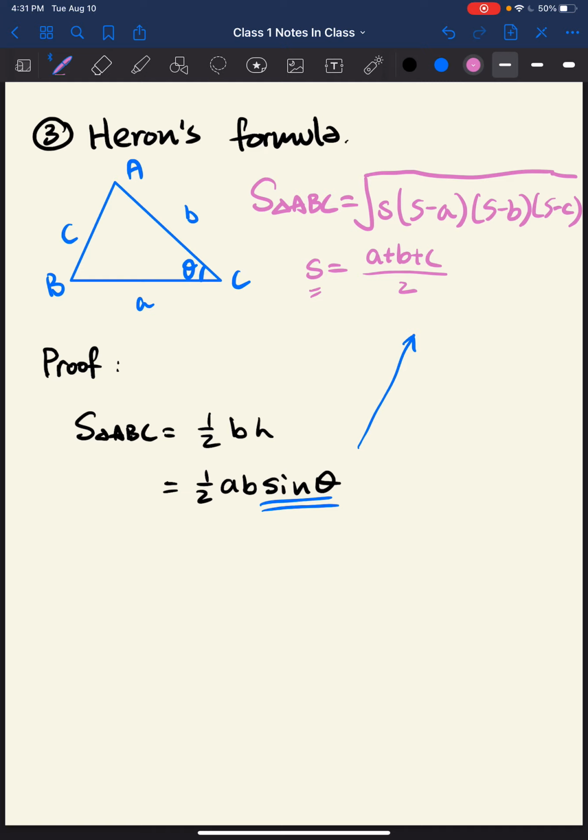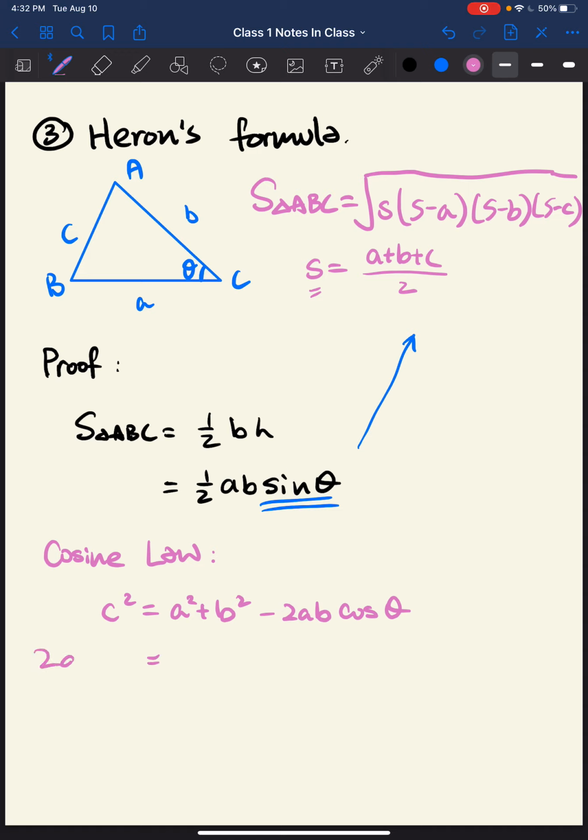So first, hopefully you guys know what the law of cosines is. The law of cosines basically correlates an angle and its corresponding side length together in a triangle. It states that c squared equals a squared plus b squared minus 2ab cosine theta.